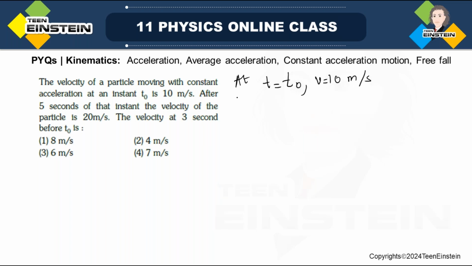After 5 seconds, that means t0 plus 5 seconds, the speed, this is v, that is 20 meter per second. See, I can do one thing over here. If I just take t0 as 0 itself, that means I take this v0 as initial velocity, 10 meter per second.